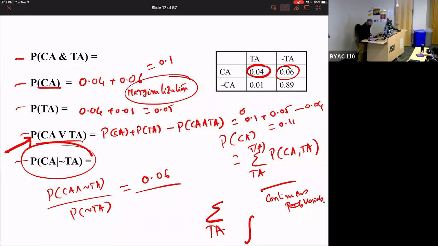By P(not TA), we know TA is 0.05, so not TA is 1 minus 0.05. That's 0.95. You see, I calculated it. You can make up any probabilistic query in terms of these two variables, and I can answer it for you because I have the joint distribution.